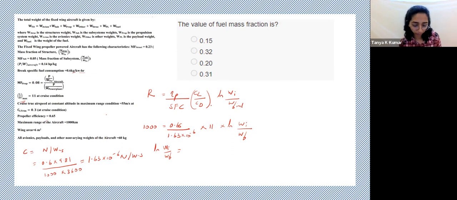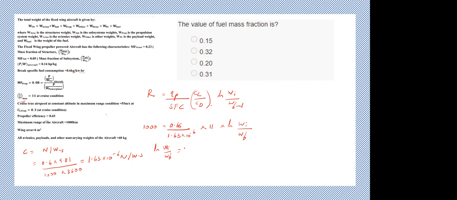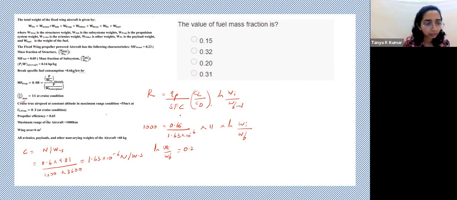What is the value? I'm guessing, ma'am, it is coming out 0.000228. Very small. Okay, 1 minute.